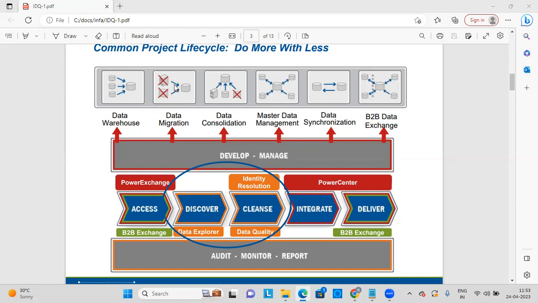We can also use this life cycle to perform data migration, like migration of data from a mainframe system to a database, or mainframe system to an application, or database to an application, or whatever, one to another. And data consolidation.